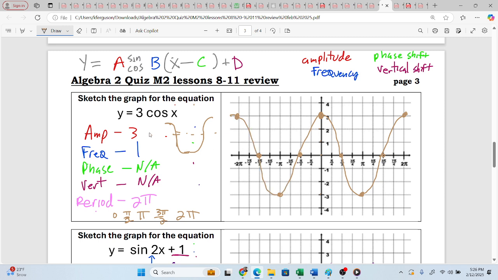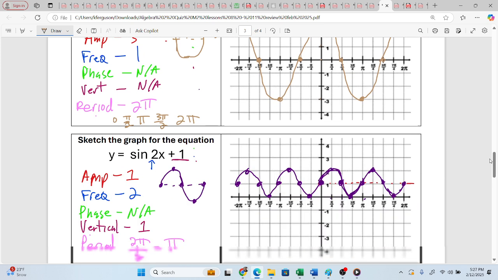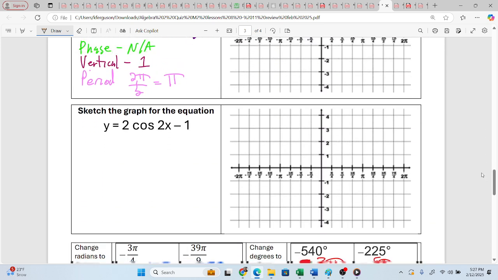So that would be my graph for y equals 3 cosine of x. Like I said, if you continue it into the negative and the positive, I might give you extra credit. So I'm thinking about it. So now let's finish this son of a gun.